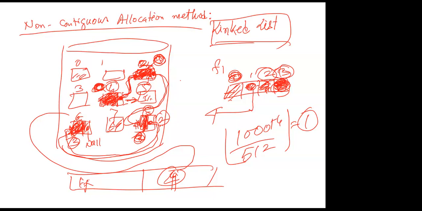External fragmentation may happen in contiguous allocation, but here it is non-contiguous allocation. So you can store data at any place and just make a link from that place to the other blocks. So there is no external fragmentation.